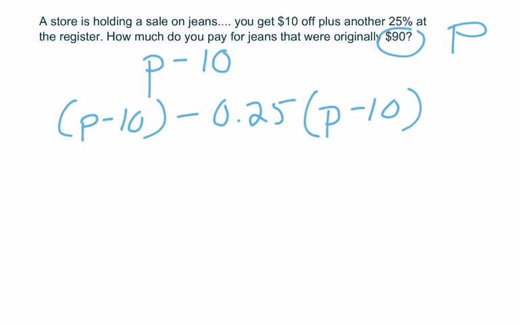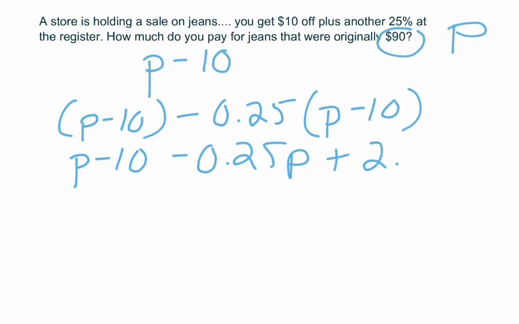And then we'll just do some simplification here. So this would be 0.25P, and then we're going to do a negative. We're going to distribute the decimal through. So a negative times a negative is going to give us a positive, and then we would move our decimal point over. So we're going to have plus 0.25 on that.